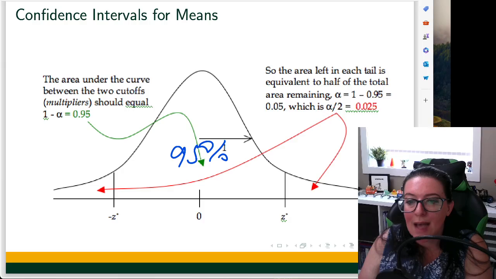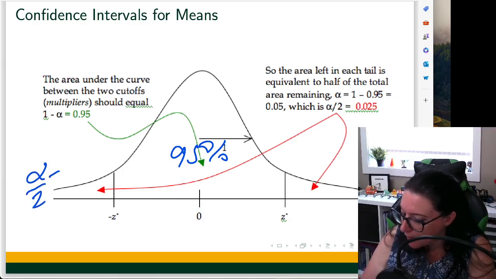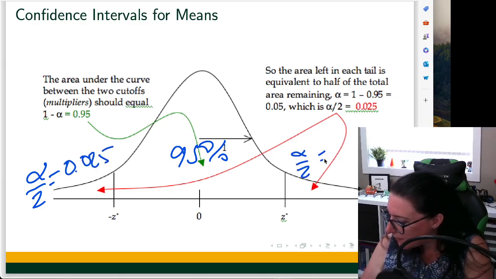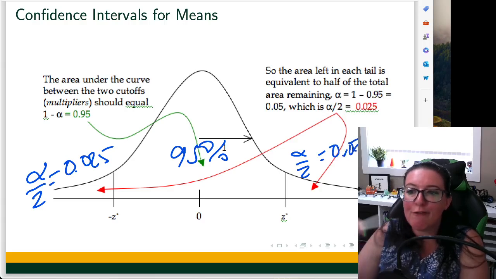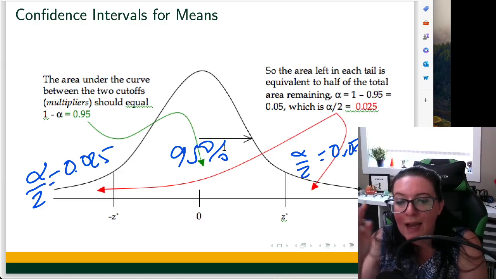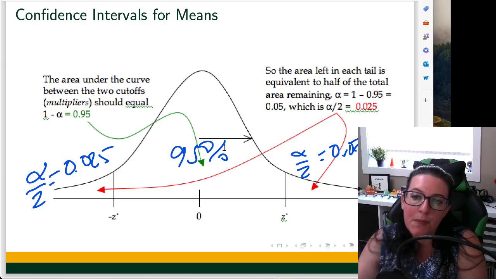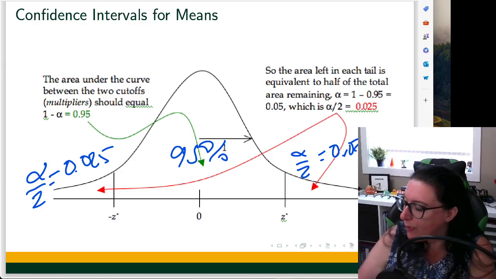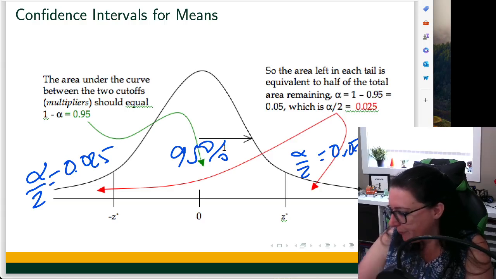So 1 minus alpha is our 95%, which means alpha divided by 2 is 0.025 on each side. So we're accepting an error of 5%. Half of that error can be because it's too big, and half can be because it is too small. So in this case, we have that 95% in the center.